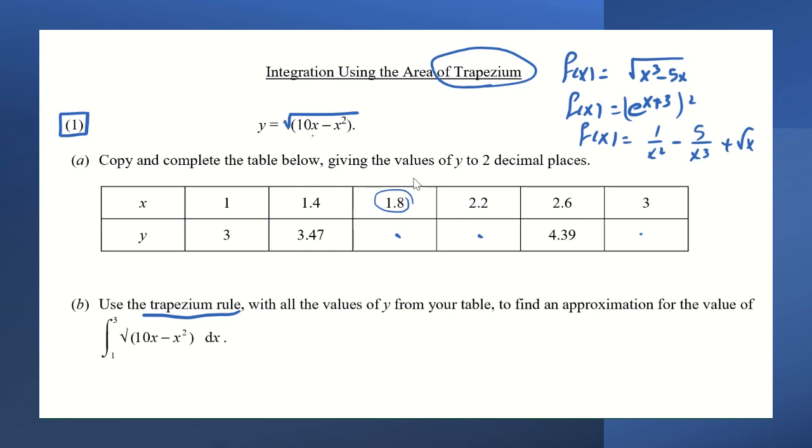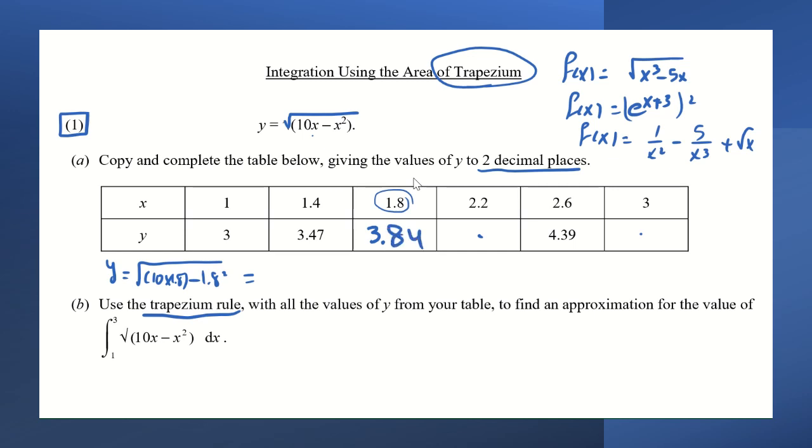So I'm going to write it as y equal to root of 10 multiplied by 1.8 minus 1.8 squared. He is asking for the answer to two decimal places, so I'm going to write the answer as 3.84.